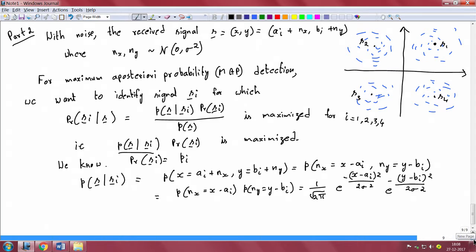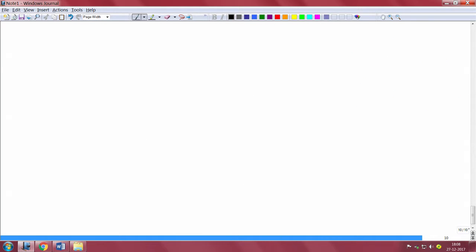So, now consider the decision boundary between two signals, or let us say we call it the decision region.